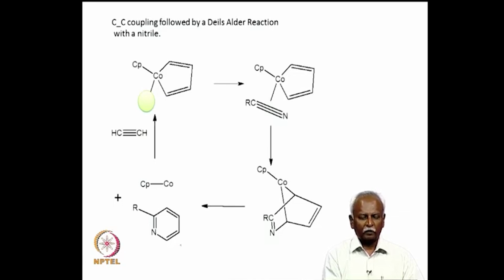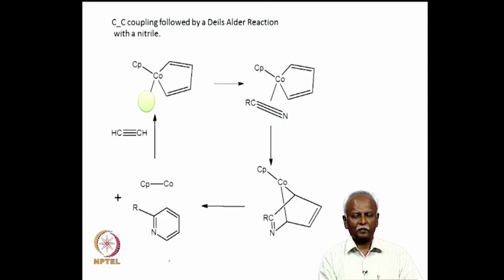This was exploited by several workers, notably by KPC Vollhardt, who used this reaction to synthesize a variety of interesting molecules. Now, the first step, which involved the formation of a metallocyclopentadiene, was a very fast reaction.